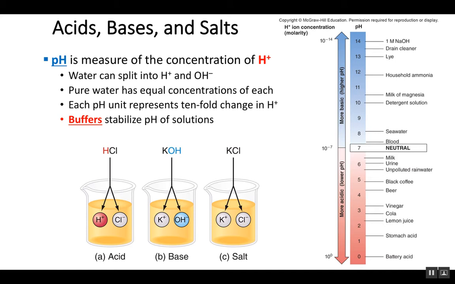This is going to be extremely important because when we do diagnostic testing, either blood tests or urinalysis, we often look at the pH of those solutions, those body fluids. And there are a number of conditions that might disrupt the pH of your bloodstream.